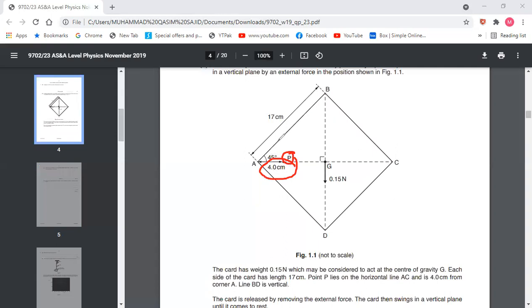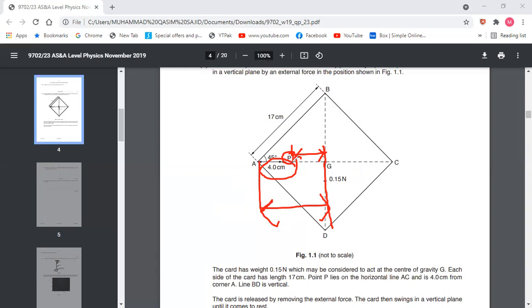Then the angle. So I have to find the distance between P and G. How to find it? First calculate the whole distance, from here to here, and then subtract 4 from this distance.